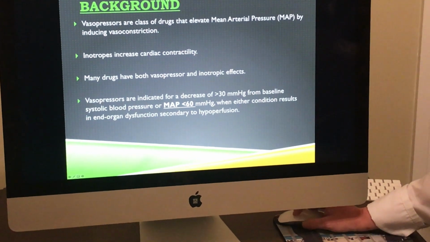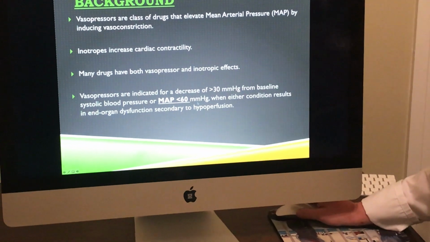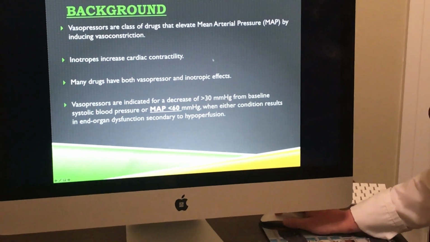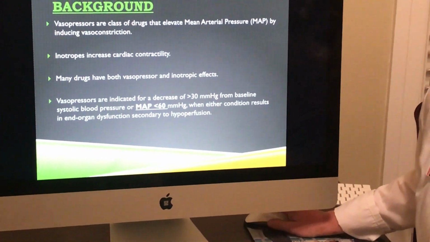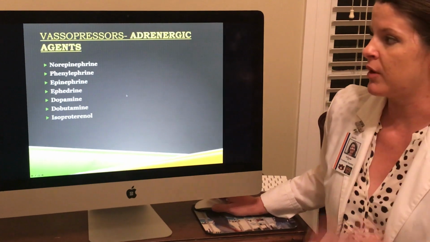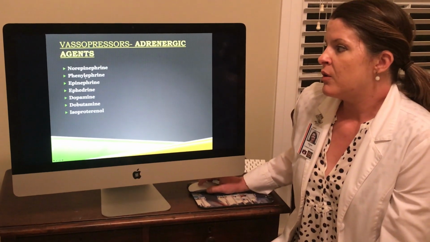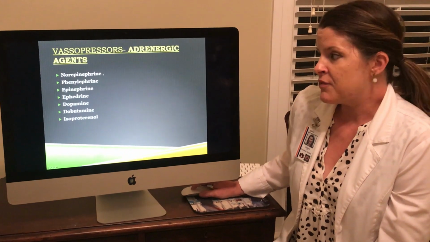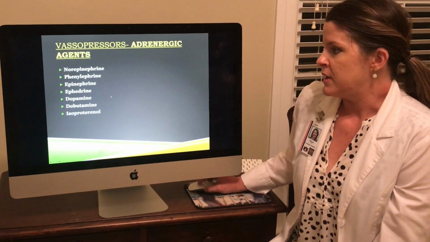We like to keep a main goal and therapeutic range of keeping our mean arterial pressure above 60, and that is a good measurability to make sure that we are able to perfuse our body adequately and perfuse our brain. Vasopressors are such as norepinephrine, ephedrine, epinephrine, dopamine, and dobutamine.